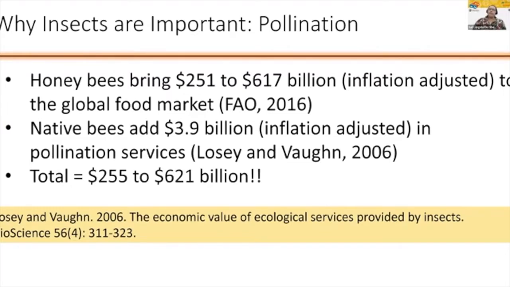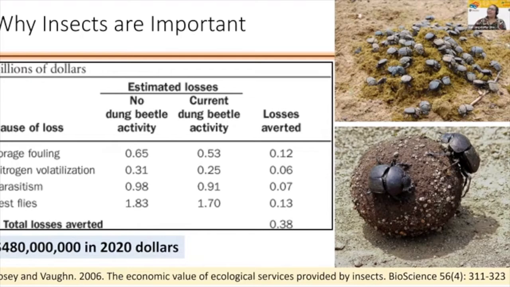Besides pollination, insects do other services that we may not always think of. Perhaps you have seen these beetles in your life. If you happen to be an insect person, perhaps they are a new species that you've never encountered before. These are what are known as dung beetles. And what a dung beetle does is it finds a patty of cow poo or other animal poo, and then they work together in male-female pairs.